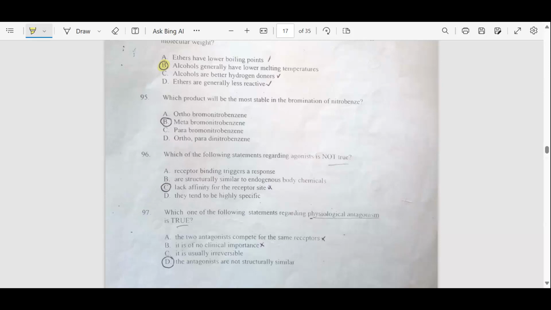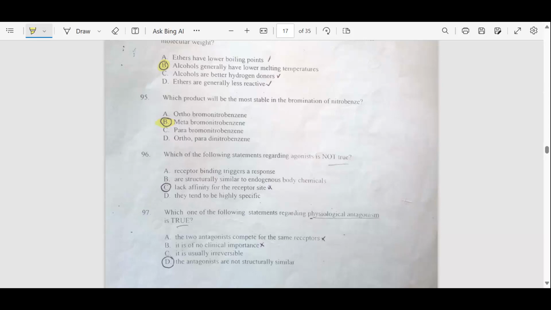I think nitro group is a meta directing group. Yeah, so you're saying B. So most people are going for B. So as we have heard, it will favor the meta direction in that reaction.